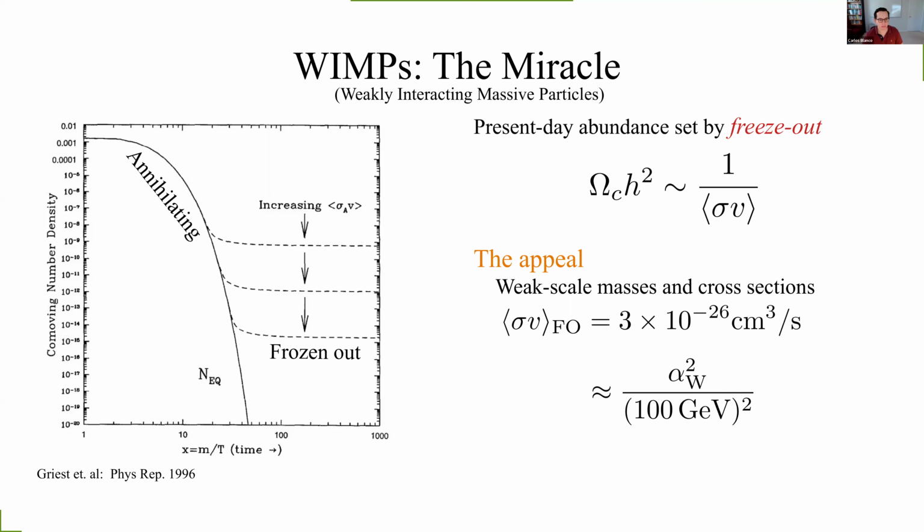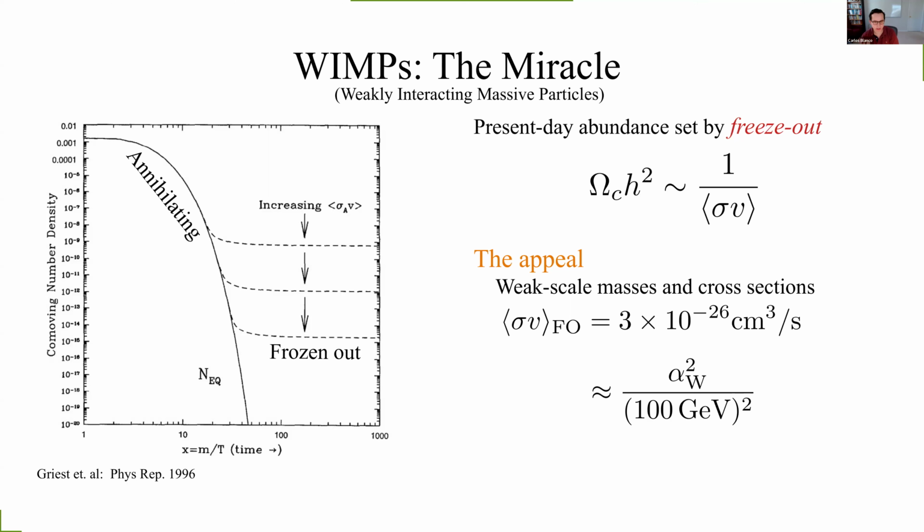Okay? And so you end up with a situation where the final density, the final abundance of the dark matter is really just set by this annihilation cross section, the strength of the interaction between two dark matter particles and how they annihilate.